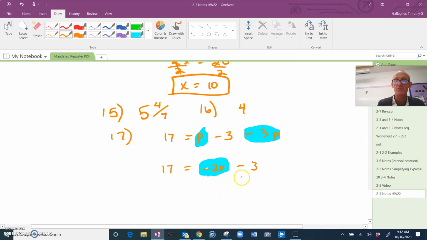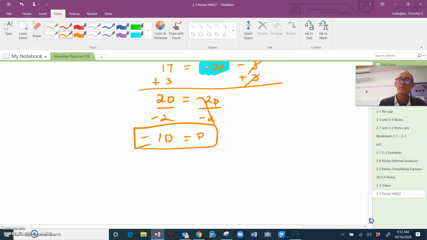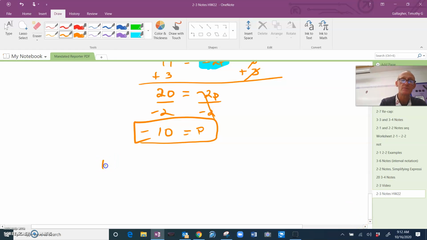I've got two steps. I'm going to add the 3 and divide by negative 2. So add 3. I get 20 on the left, negative 2p on the right. Divide by negative 2. So negative 10 is what you get, and p is the variable.